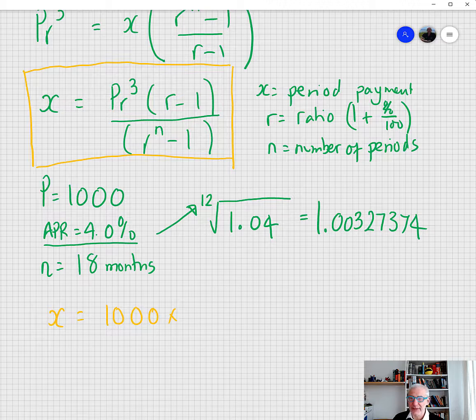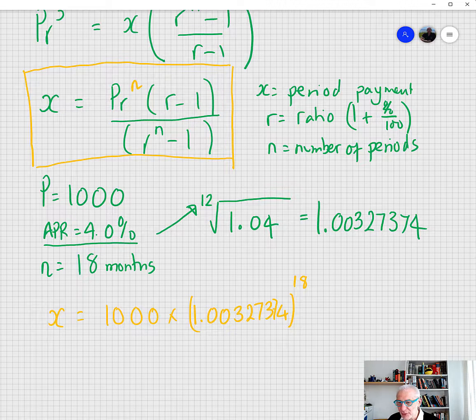I make one little modification up here: this bit should be N. So X that we're trying to work out is 1,000 times 1.0032737 to the power of 18, big number.